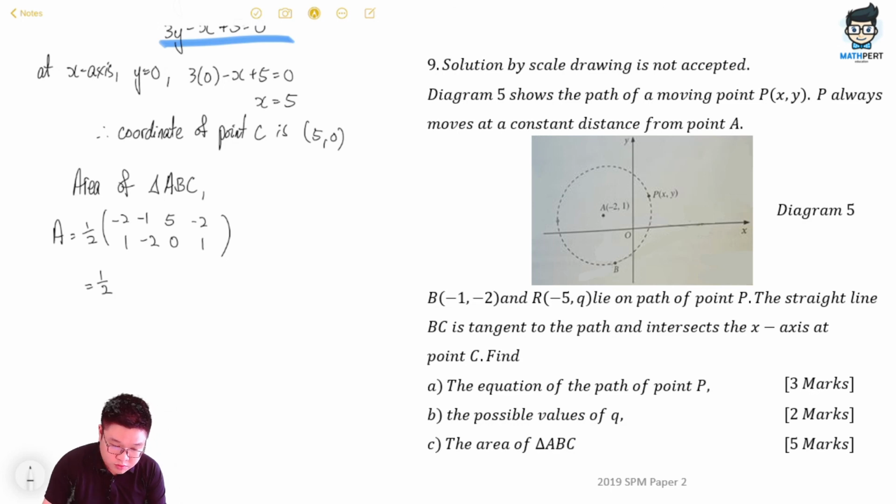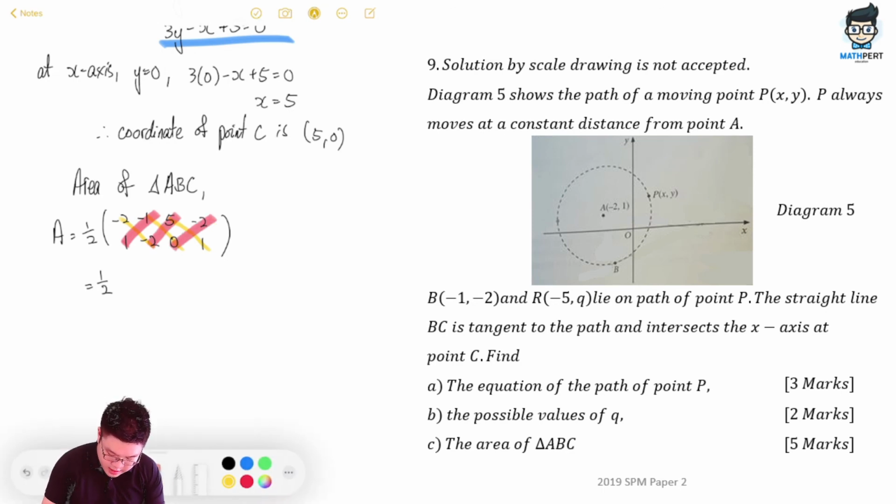So 1 over 2. How do we do this? The yellow ones, we multiply together and then add all those 3 together. And then we subtract the red ones.